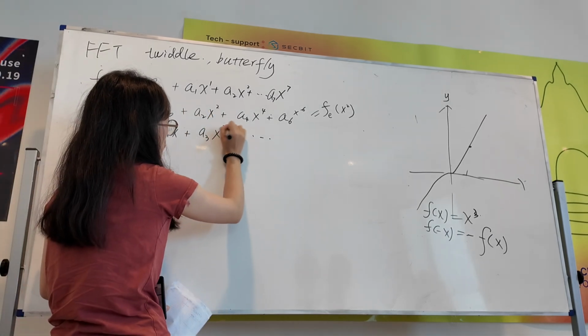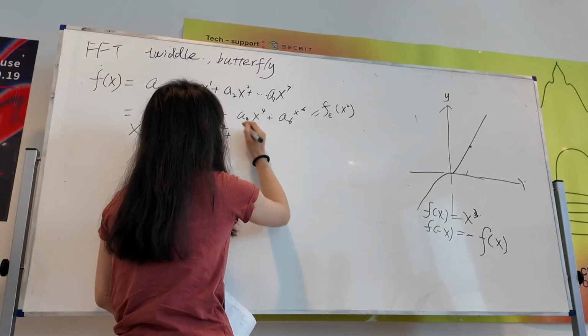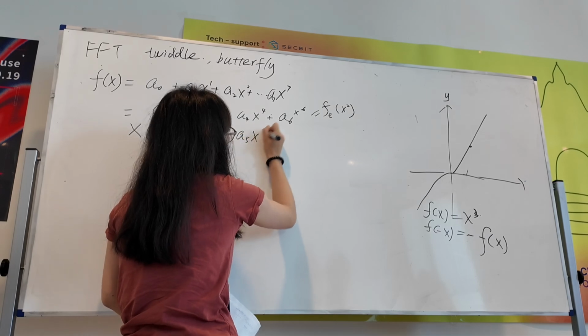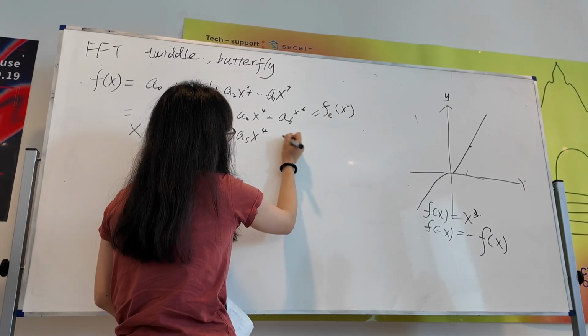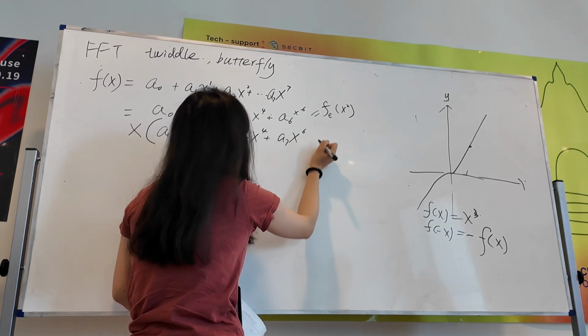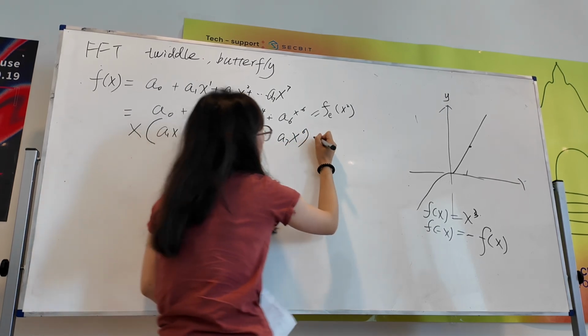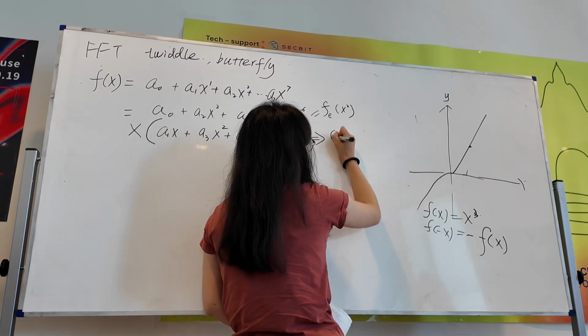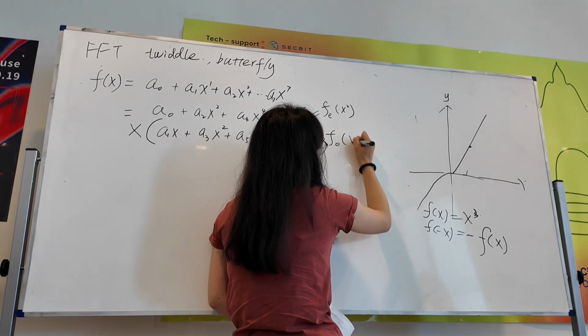Here they become x^2. Let's write them out: x^4 plus x^7, x^6, right? And now this one is f odd of x squared.